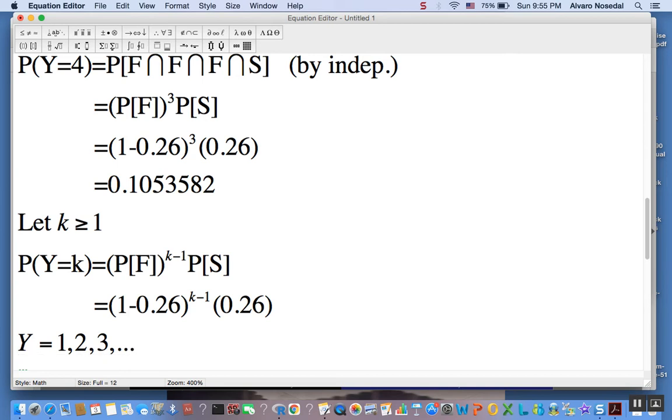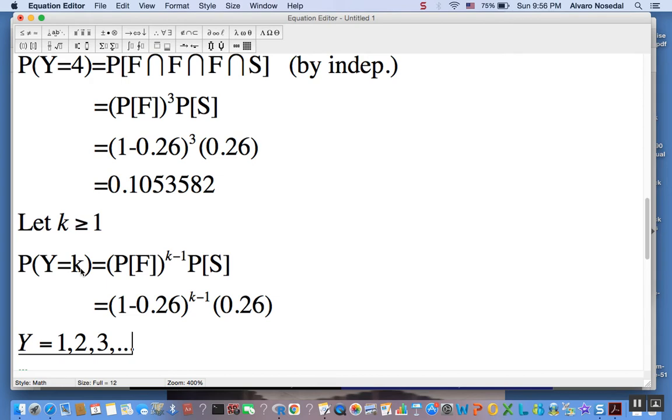Note that in theory it could take us any integer to find our first success, and we could find that probability for any positive integer. Make sense?